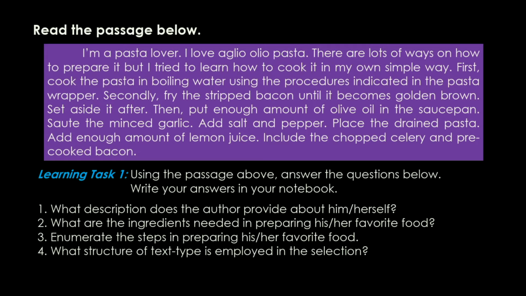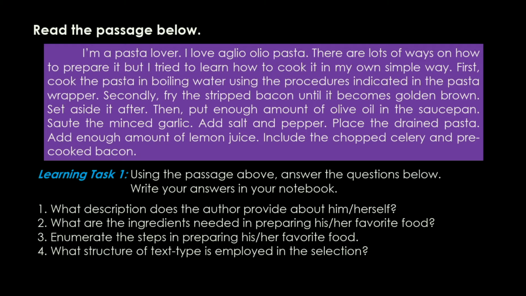Set it aside after. Then, put enough amount of olive oil in the saucepan. Saute the minced garlic. Add salt and pepper. Place the drained pasta. Add enough amount of lemon juice. Include the chopped celery and pre-cooked bacon.